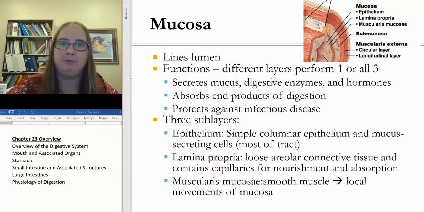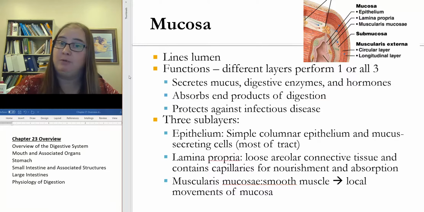So for example, the mucosa in certain parts of the body will secrete mucus, digestive enzymes, and hormones, okay? And so for example, it does this in the stomach. But the stomach mucosa doesn't absorb end products of digestion, nor does it protect against infectious disease.